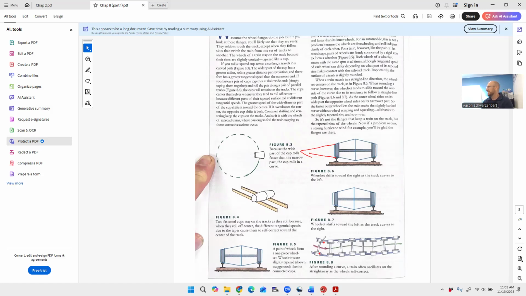It's a smaller radius. The outside wheel is on the big part of the cone, larger radius covering more distance, allowing the outer wheel to go further than the inner wheel. Does that make sense? So we've got an interesting piece of engineering here.